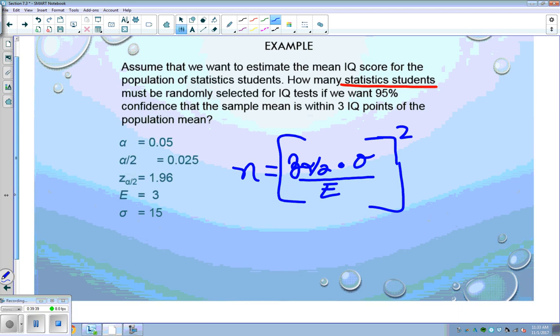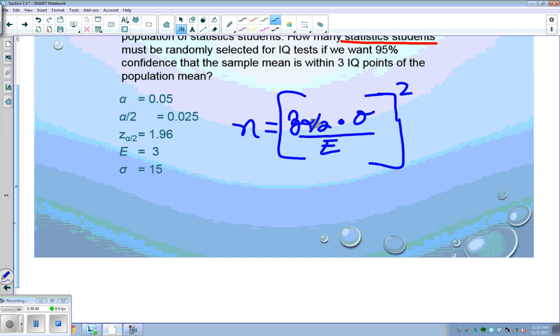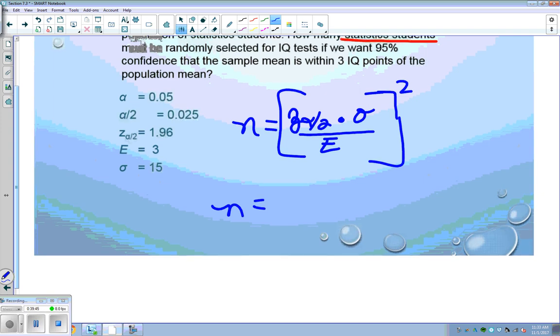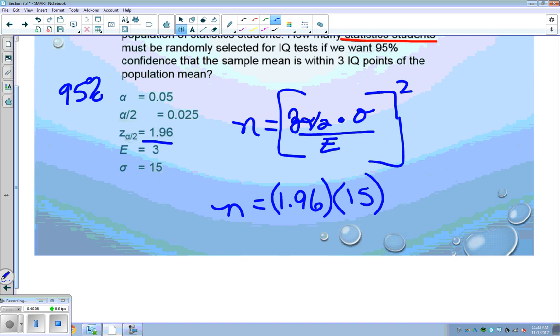So for this problem, Z of alpha divided by 2, 95% confidence level, right? We have 1.96. We're going to multiply 1.96 by the population standard deviation, which we know, we don't have to estimate it, is 15.